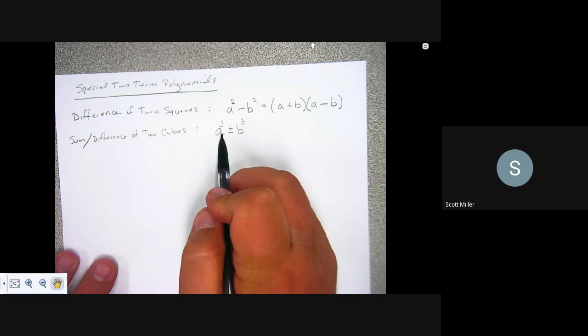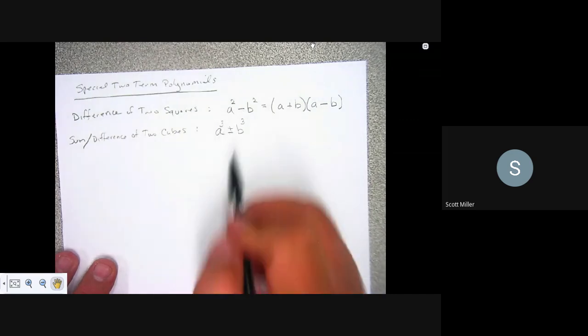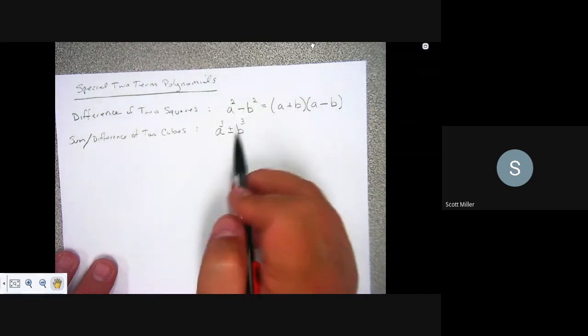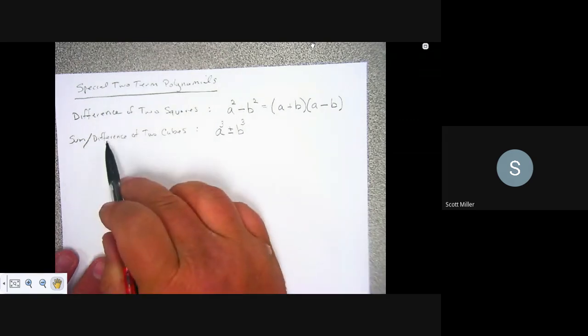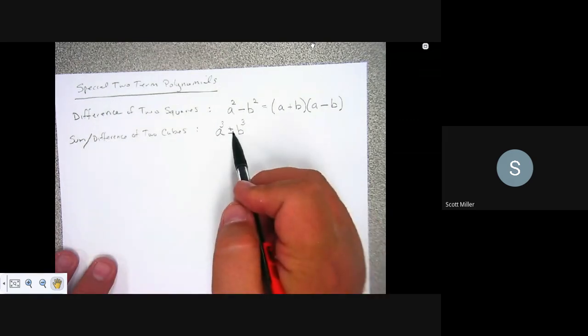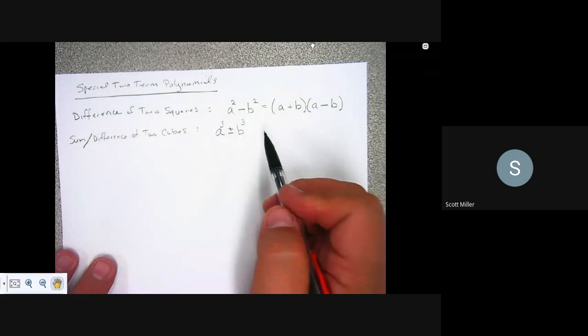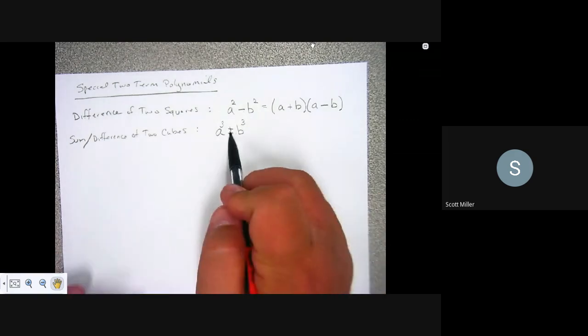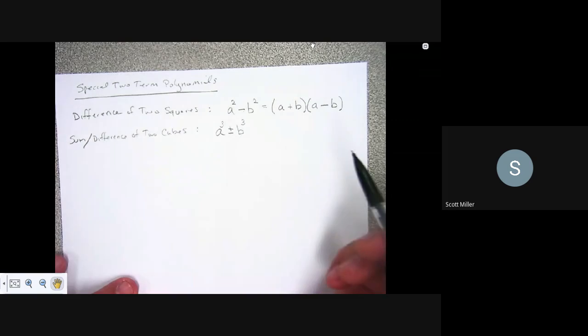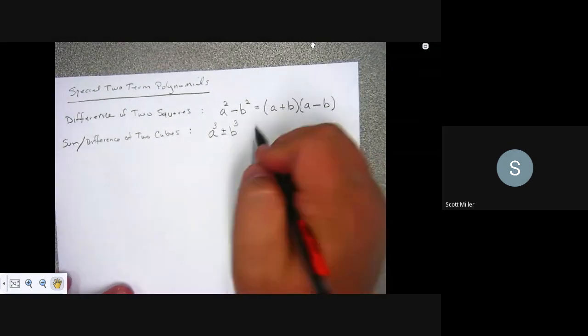So it can be a cubed plus b cubed, or it can be a cubed minus b cubed. It's a sum or a difference. It's not both at the same time. It's one or the other. When they write a formula that's very similar in both cases, they'll do this because it differs only by signs, and you'll see what I mean here in a minute.